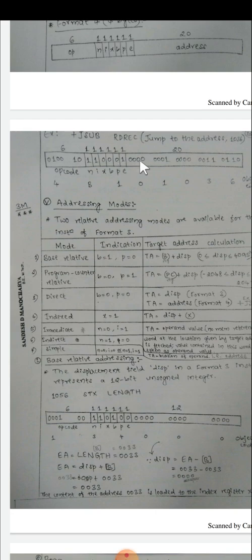Then this 20 bits of address is there. The 20 bits of address we can take directly from the instruction as the address. For example, if the address is 1036, that complete address we represent in binary with 4 bits per digit, and the remaining 4 bits are blank or empty here. Those remaining bits will be filled with 0.